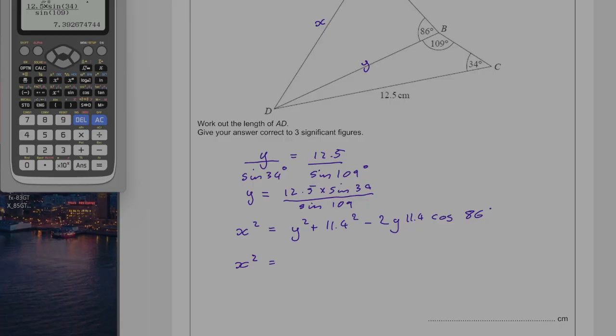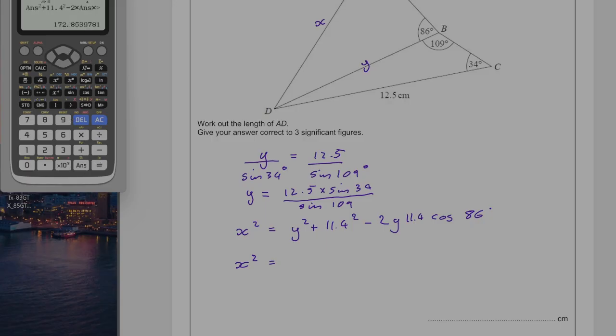So that's going to be my value of y, but I don't really want to round it, so I'm going to jump straight into my second equation, and I'm just going to use my answer key. So I'm going to say my answer squared plus 11.4 squared minus 2 lots of my last answer times by 11.4 times by cos of 86.